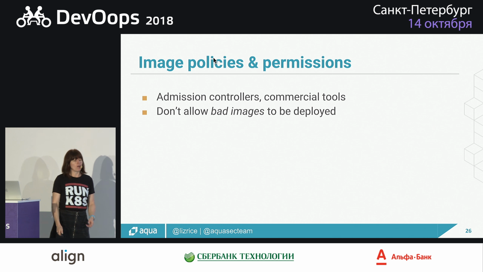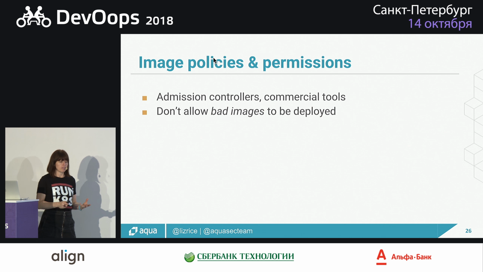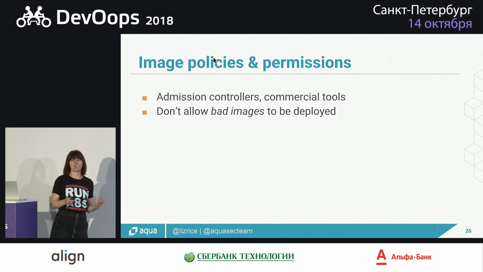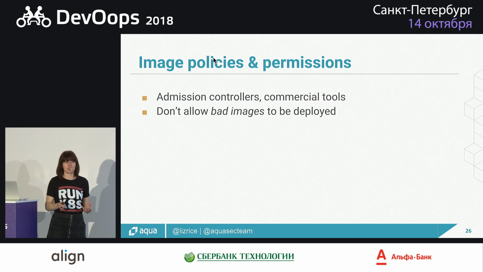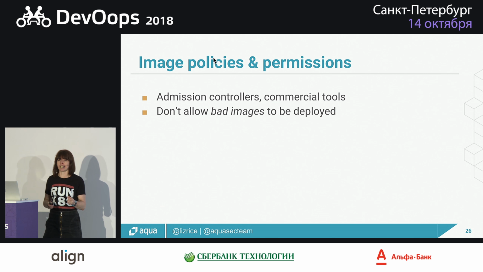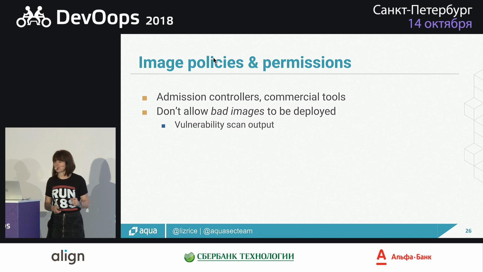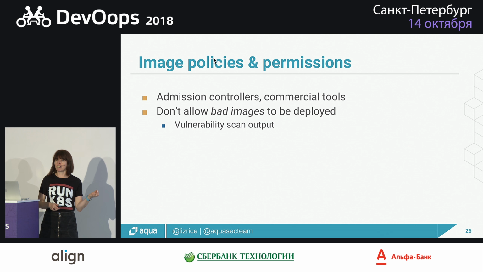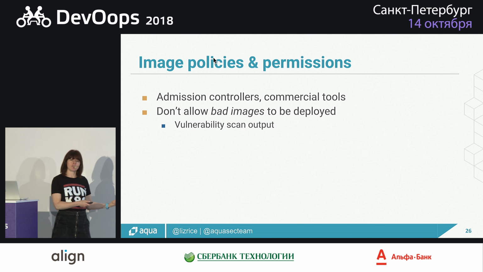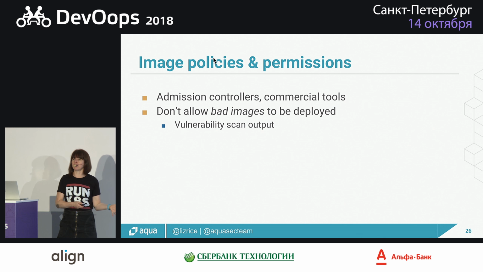So essentially what they're doing is, for some definition of bad images, don't let bad images actually get run in your cluster. That could be looking at the vulnerability scan output, looking at all the vulnerabilities that were found in an image and saying, is that okay?